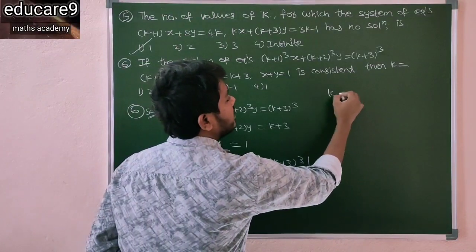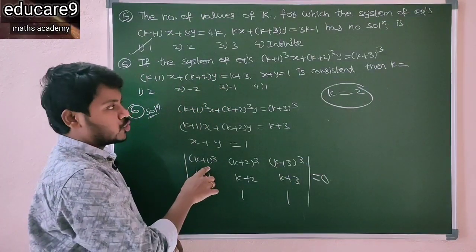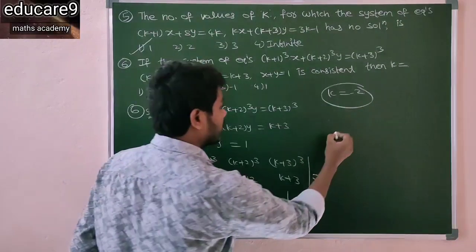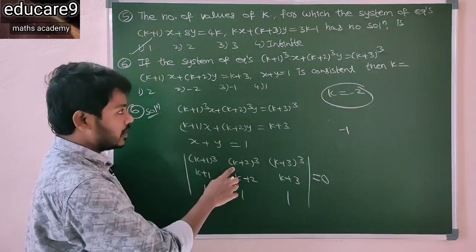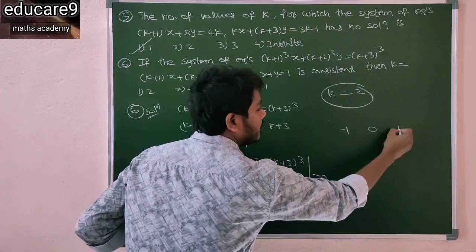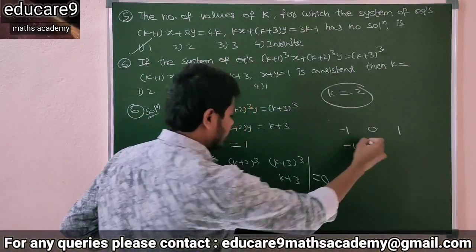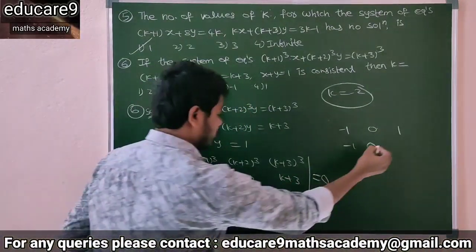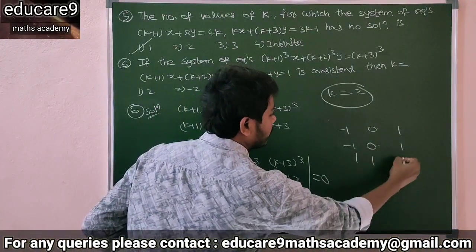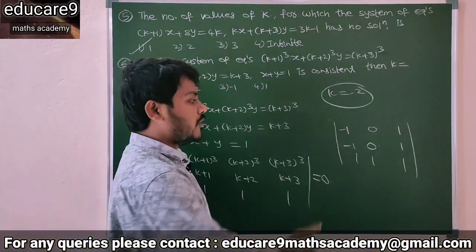If you put k equal to minus 2, here what you get? Minus 2 plus 1, that is minus 1. Here minus 2 plus 2, 0. Here 1. Next here minus 1, 0, 1. So 1, 1, 1. So clearly find this determinant.